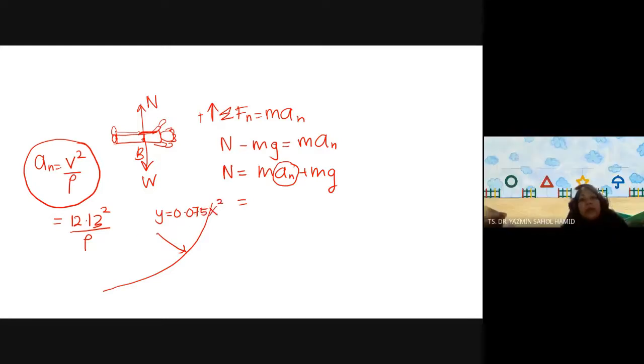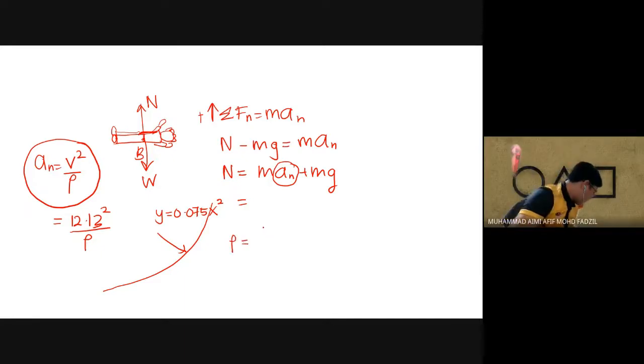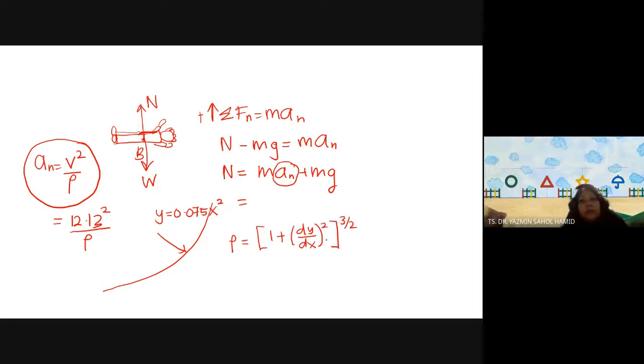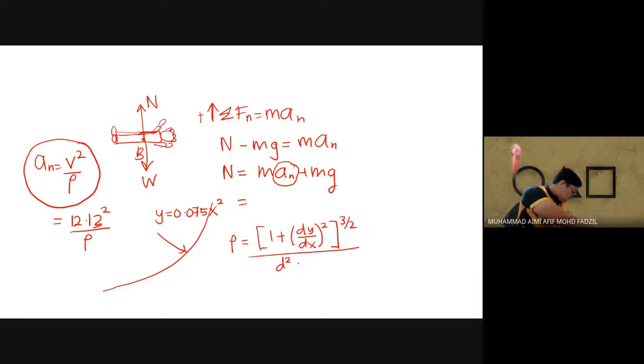Now do you remember the formula to get rho? Rho equals 1 plus dy/dx squared, to the power 3/2, divided by d squared y over dx squared.